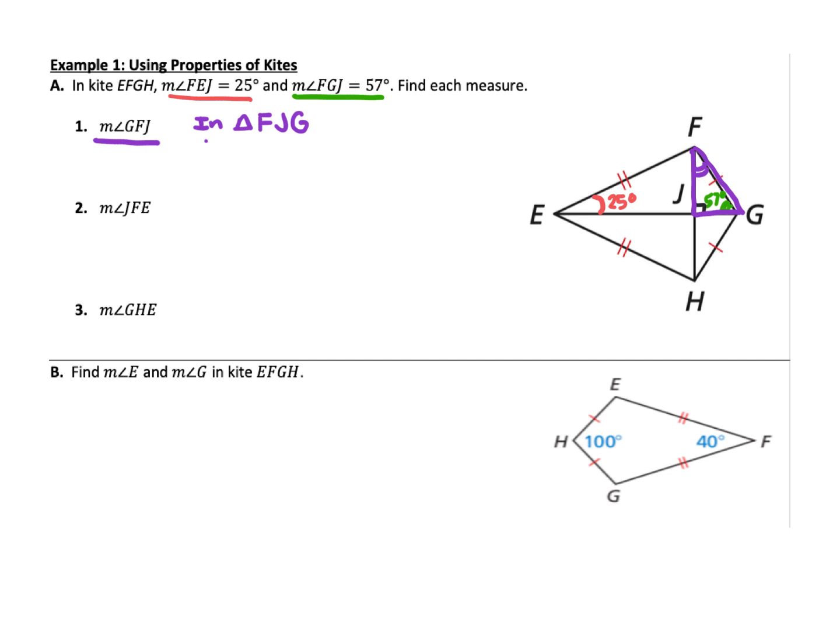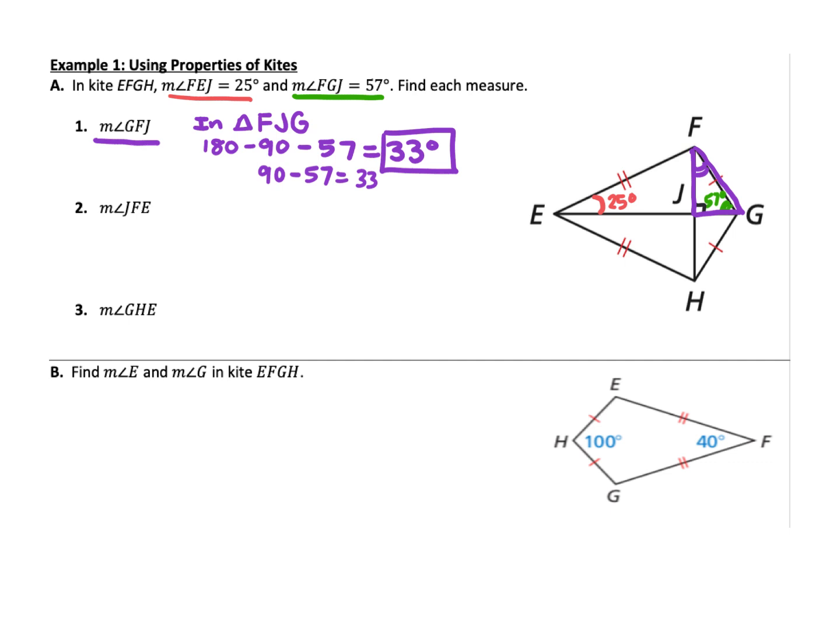So I can either take my total 180 and then subtract 90 and then subtract the 57 and get 33. Or since we know that this is a right triangle, we could also just do 90 minus 57, and that would be 33 as well. So that gives us angle GFJ is equal to 33 degrees.